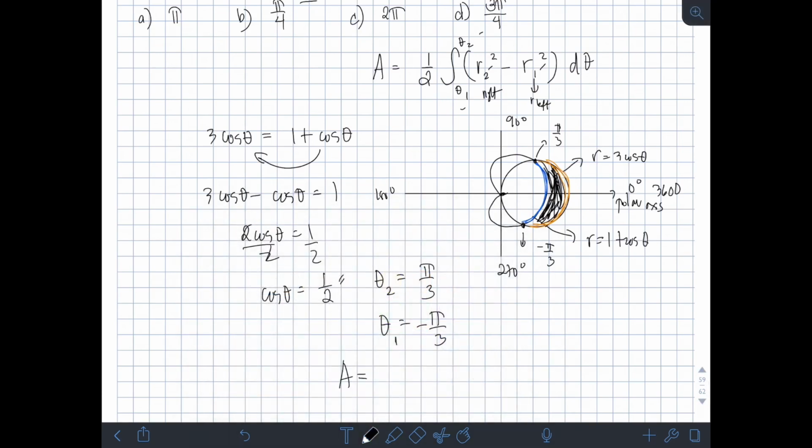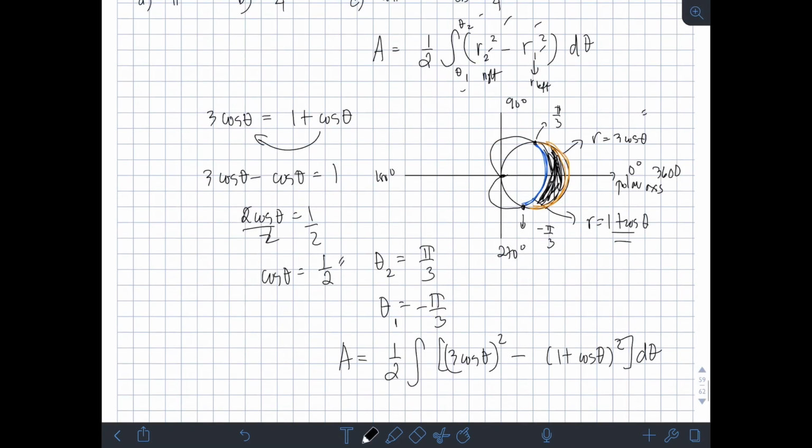So, area is equal to 1/2 integral of, so yung r2 is ito, r equals 3 cosine theta. So, substitute natin yung r2 in terms of theta na 3 cosine theta, then squared, minus yung r1 na 1 plus cosine theta squared. Right? Then d theta. So, ang lower to upper limit is negative pi over 3 to pi over 3.